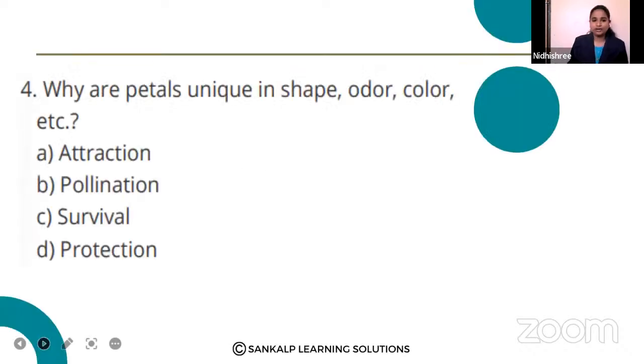Good. Fourth question. Why are petals unique in shape, odor, color, etc.? What is the purpose of that? Option A, attraction, option B, pollination, option C, survival, option D, protection. Good. Meghana, Darshan, Geeta. Good. Samrin, Yuti. Very good. Usually most of them tick option A, attraction.